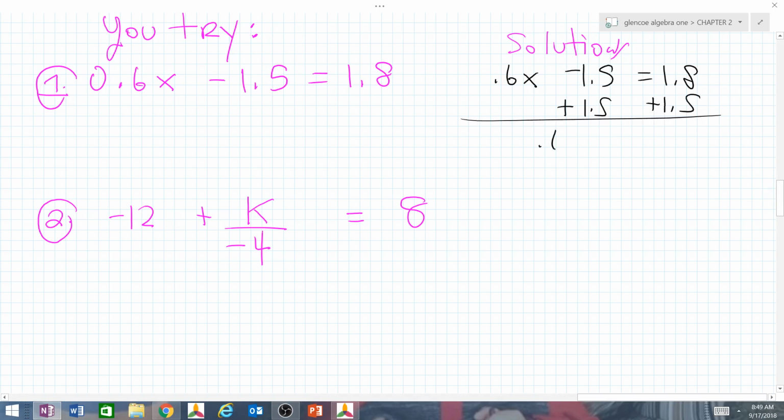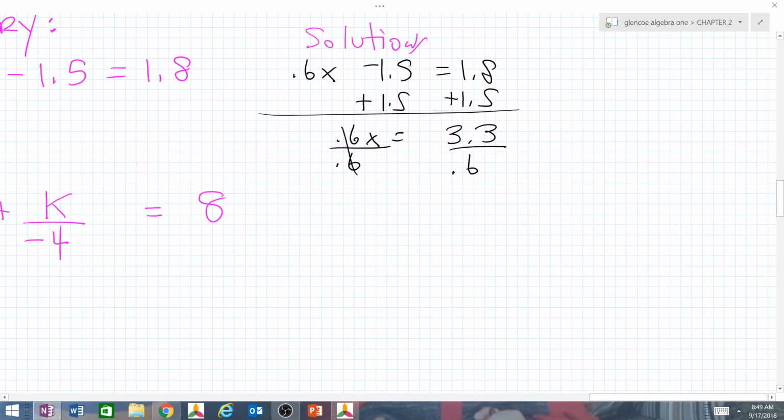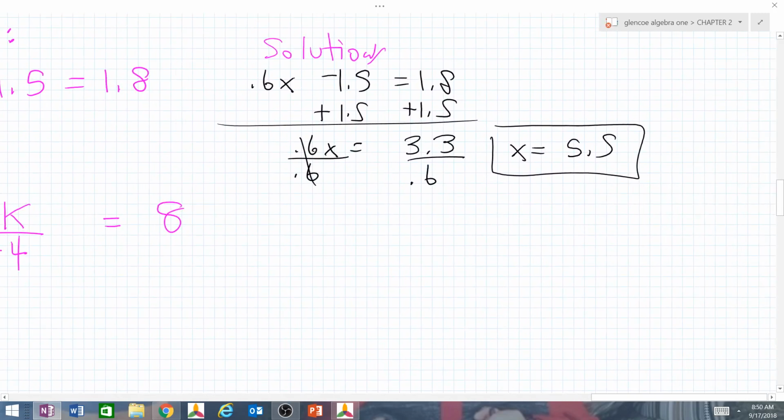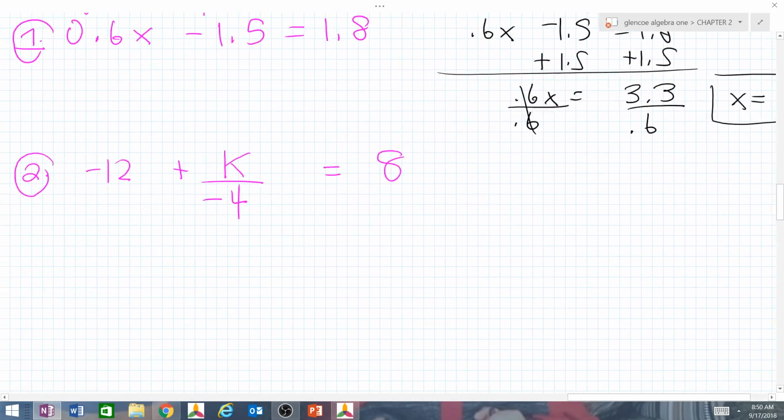And we get 0.6x equals, is it 3.3? Then divide each side by 0.6. And you get x equals what? 5.5. And I checked my work, and I plugged it back in, and it works. Anybody have a question? Yes? I did one more step, but I got to 7, and I realized how I could change.